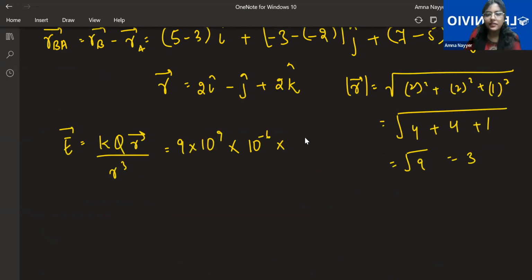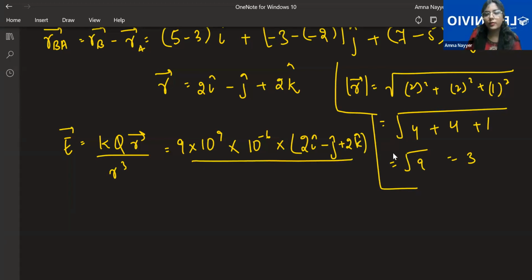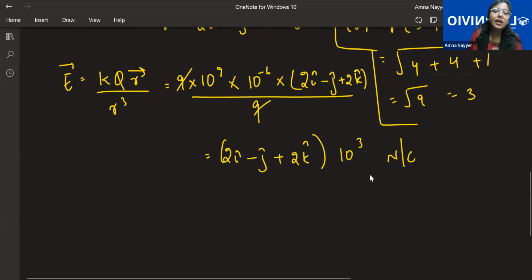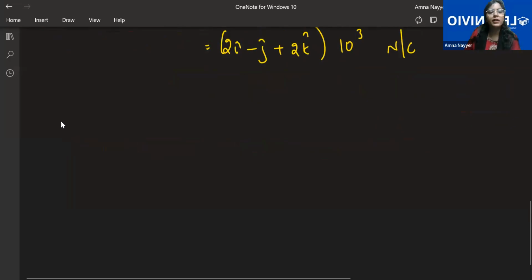Now R vector, we can write this as it is, 2i cap minus j cap plus 2k cap. This is the vector divided by the cube, that is 27. This gets cancelled. Here you will get 10 to the power 3. So 2i cap minus j cap plus 2k cap into 10 to the power 3 Newton per coulomb for electric field. Now for potential, let's calculate it directly.